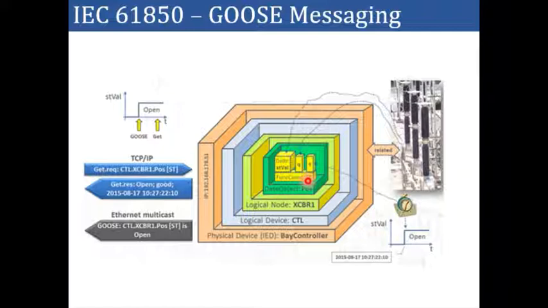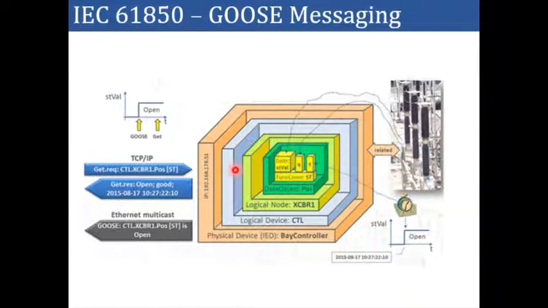So the functional constraint is status, and then in status, what information are we sharing? If you are querying the logical node for status, you will get three values. One is the status value, then the quality flag, and then the time. So whenever there is a change in the status, a GOOSE message will be generated.